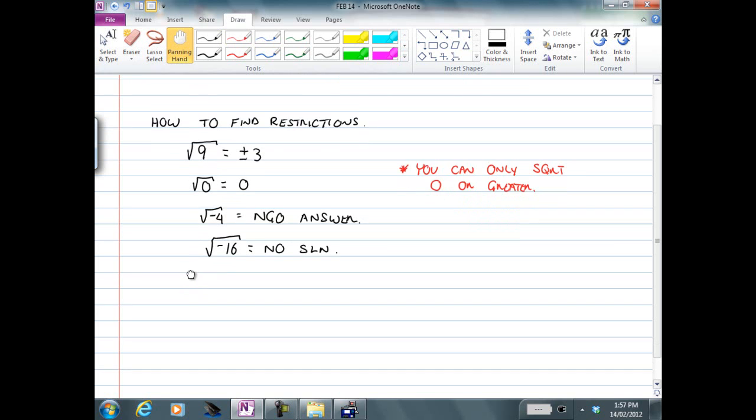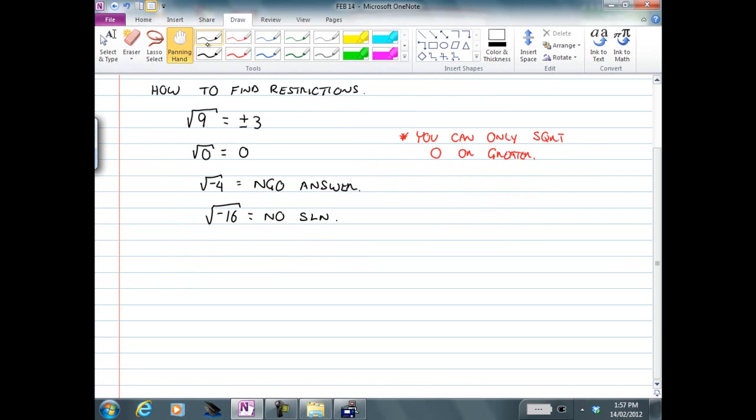If I give you a question like this, root x, they're going to ask you to find the restriction. Finding the restriction really is, look at the square root.